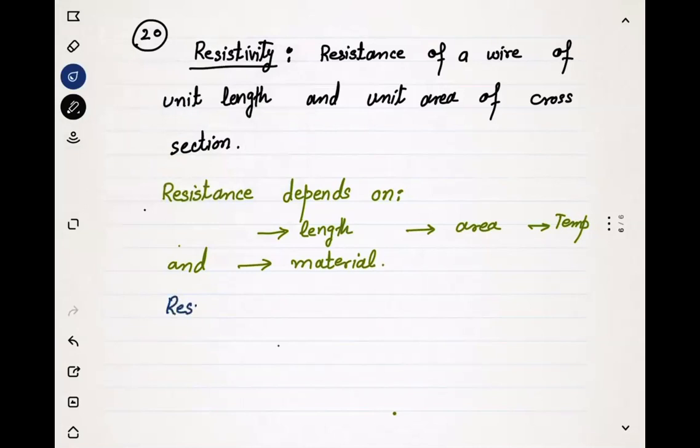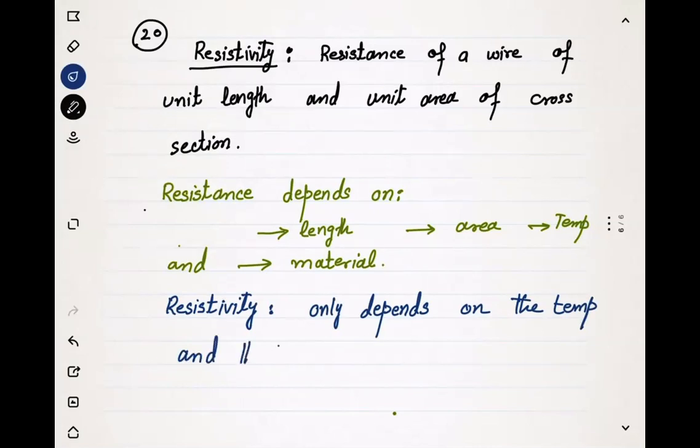Resistivity is independent of the dimensions. It only depends on the temperature and material. So resistivity only depends on the temperature and the material, nothing else. So these are the two factors on which resistivity depends.